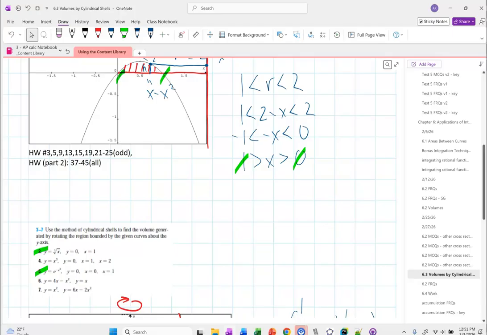There are some where disc or shell may not make any difference, they're both pretty easy, or a washer or shell where there's not much difference. But there will definitely be some where the washer is way easier than the shell, or the disc is way easier than the shell, or the shell is way easier than the washer. In fact, the washer is kind of impossible.